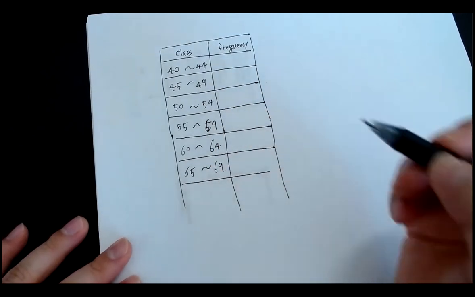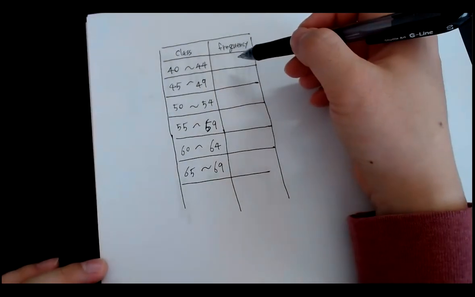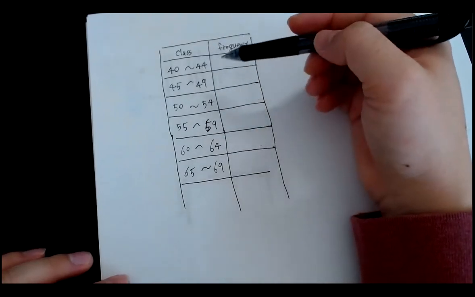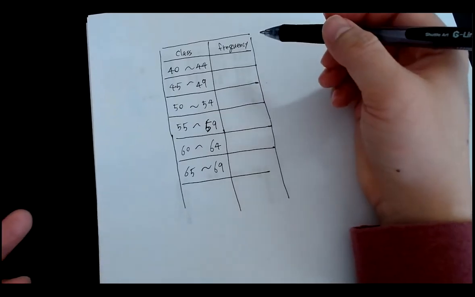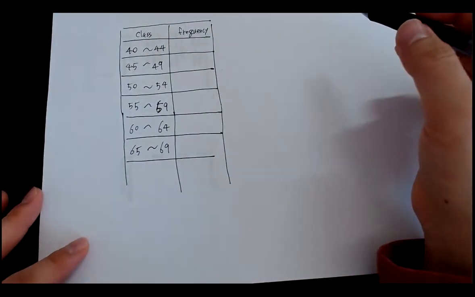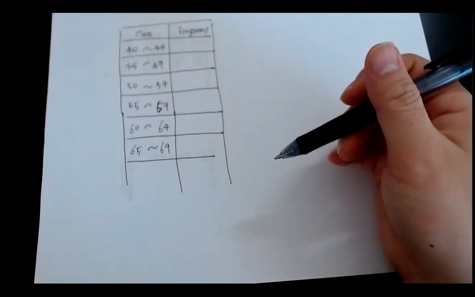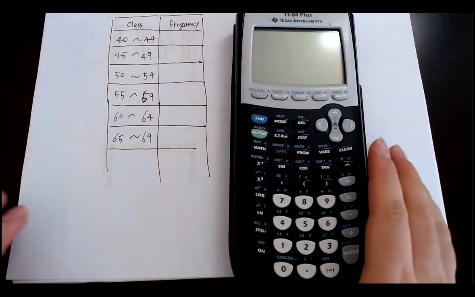Now we're going to count the data values that belong to each class. You can do it by hand, or use a calculator. Either one is just fine, but let me use the calculator.